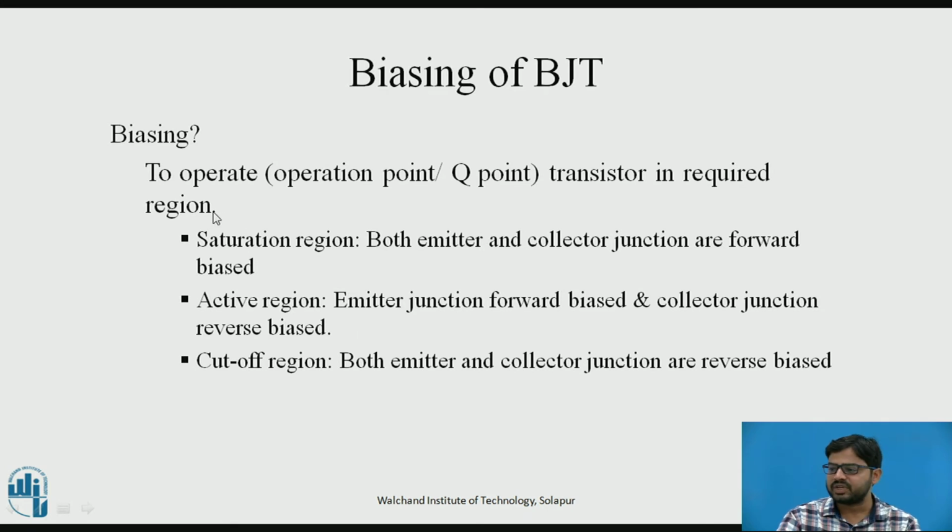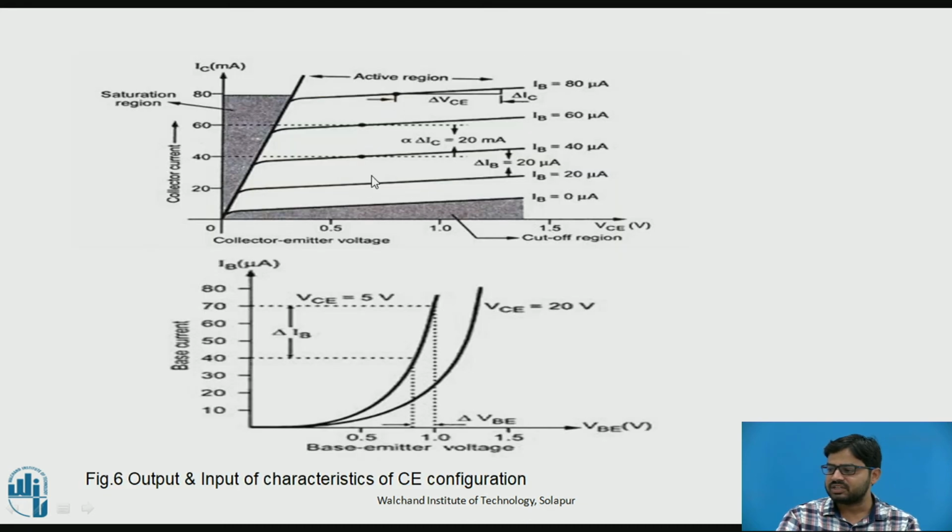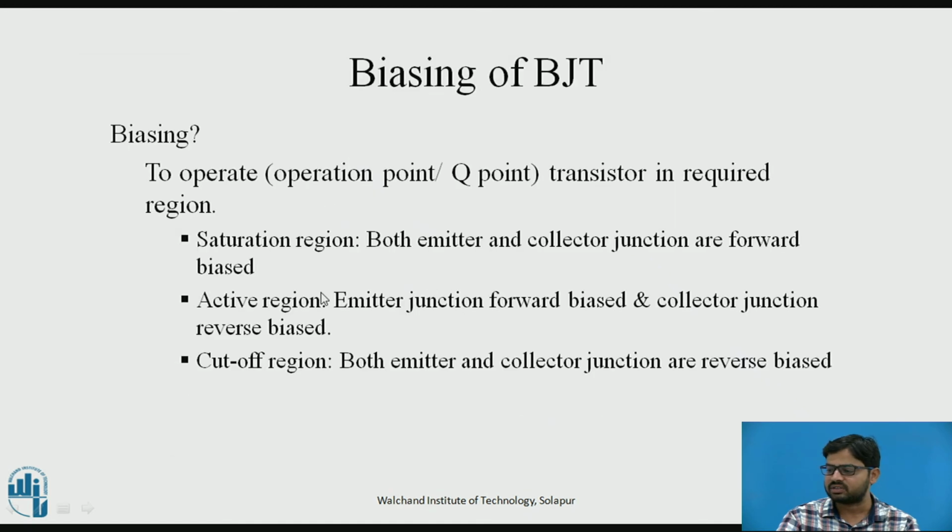Biasing of a BJT is necessary to operate the transistor in the active region. In the saturation region, current flows, but the output voltage is very small, around 0.2 volt for a CE configuration. In the active region, the CE configuration acts as an amplifier.